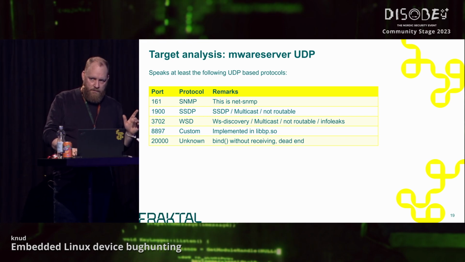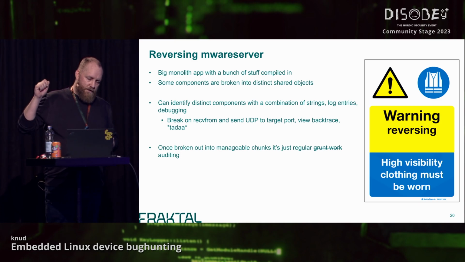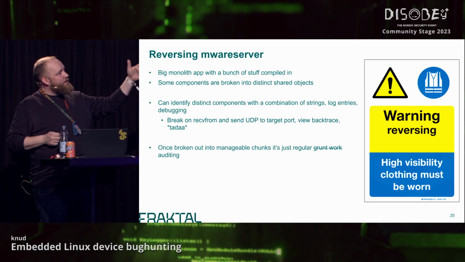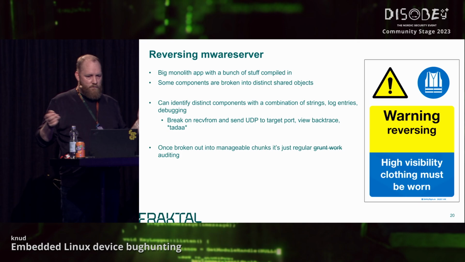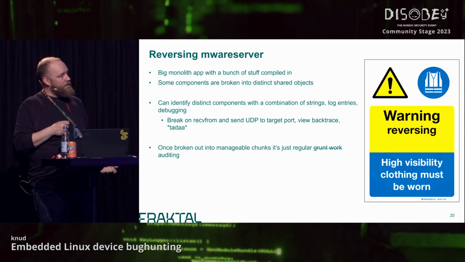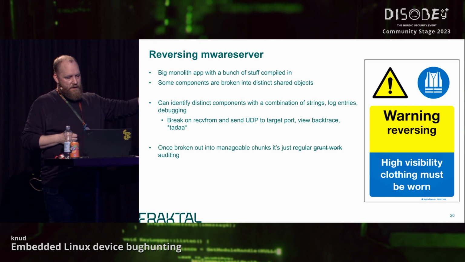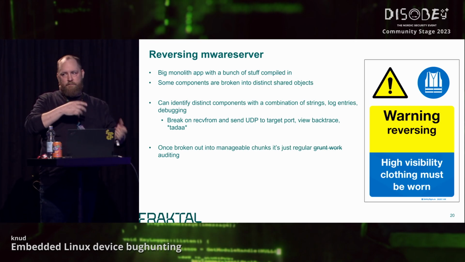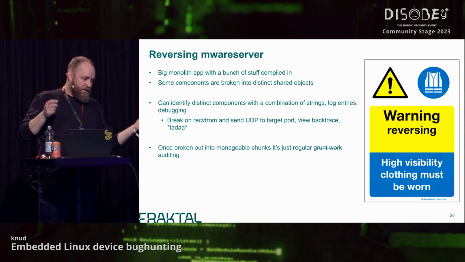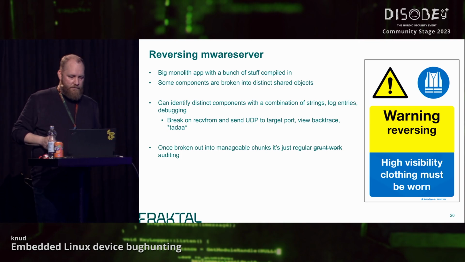So that's easier than the TCP services, because what you can do when you want to look at the UDP services is that you can set a breakpoint on the receive from function, which is one of the ways to receive UDP data, and then just send some UDP data to the port with the breakpoint set, and then view the backtrace, and then you can see that this port is clearly tied to this module in the call stack, and then you'll find out that this weirdly named module is actually net SNMP compiled as a shared object and called from the binary, right?